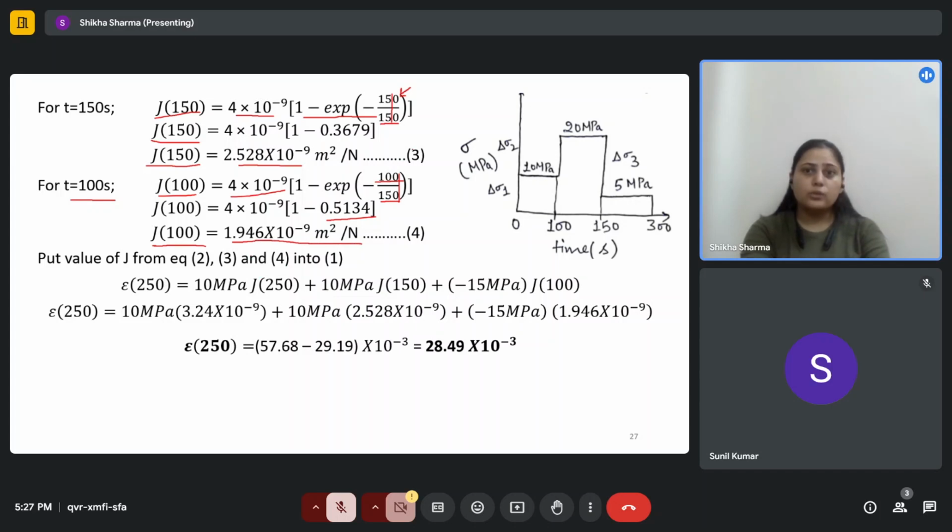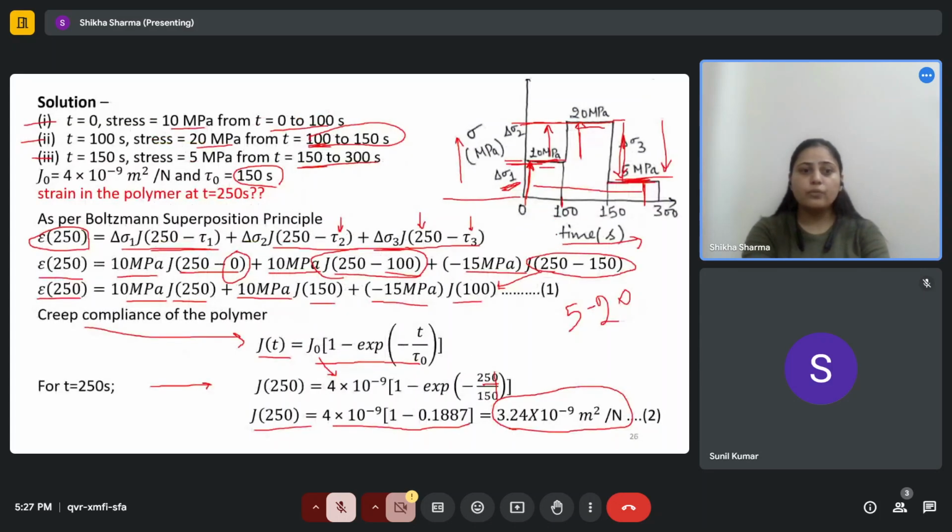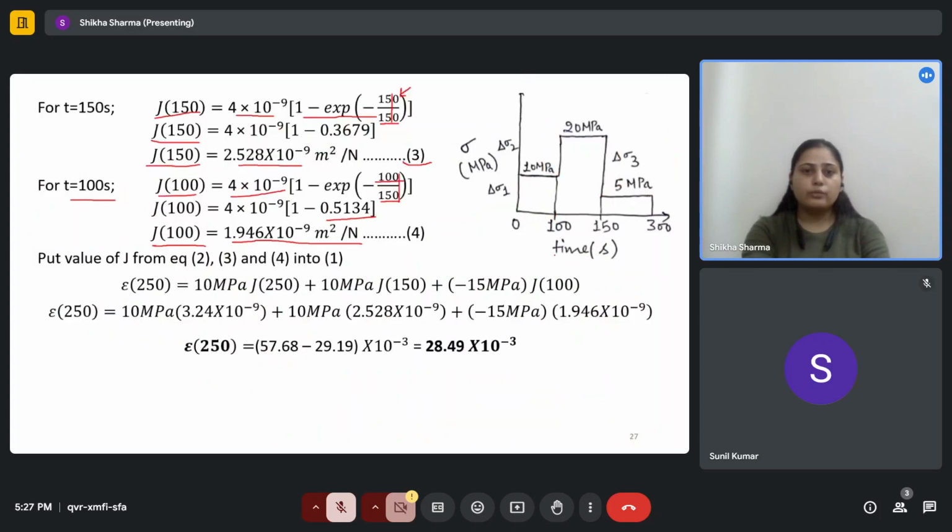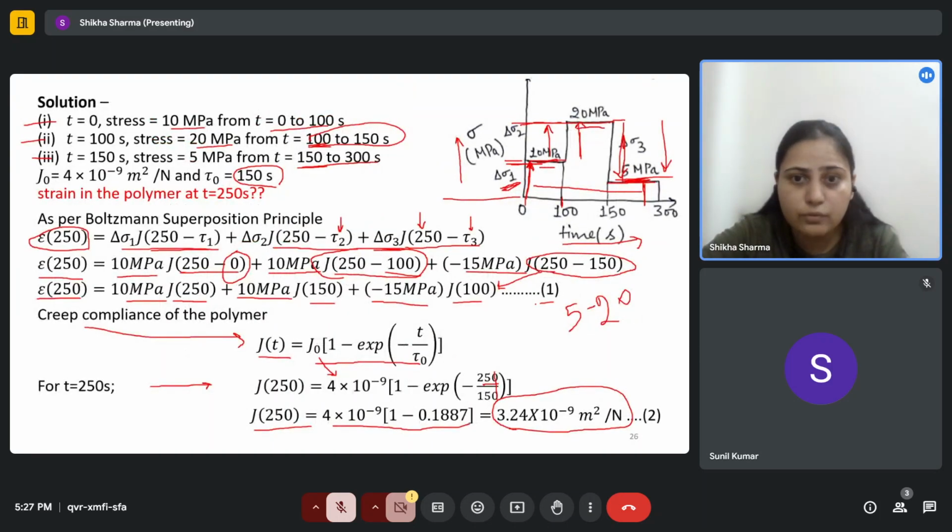All these values: from equation 2, the creep compliance at 250 seconds; from equation 3, the creep compliance at 150 seconds; and from equation 4, the creep compliance at 100 seconds, we'll put into equation 1.